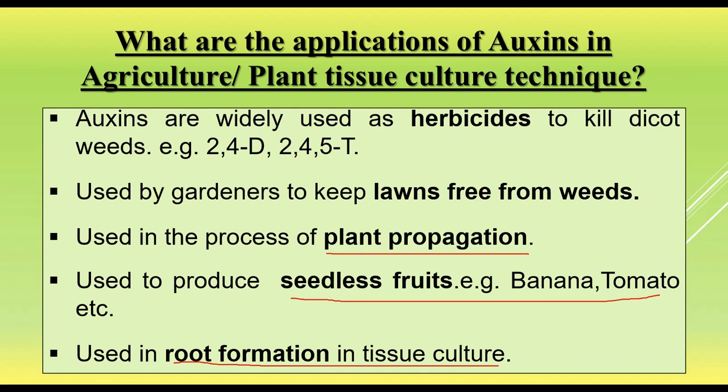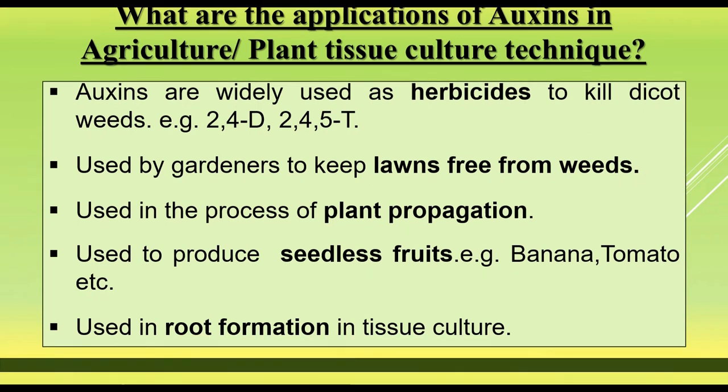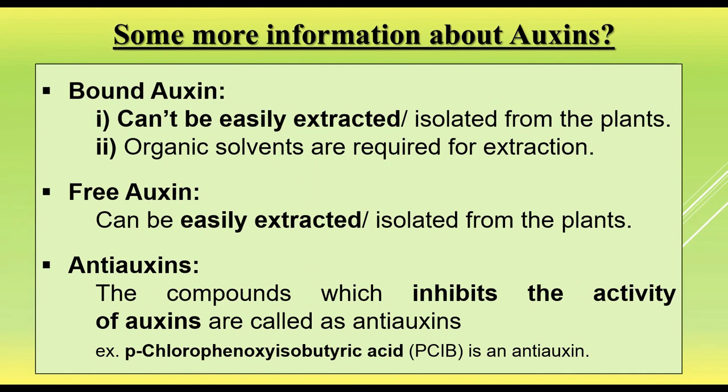In tissue culture, auxin and cytokinin are used. When the auxin concentration is higher compared to cytokinin, it helps in root formation. Now some more information about auxins.